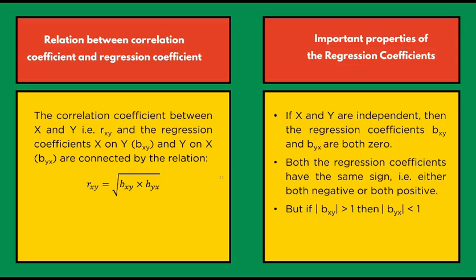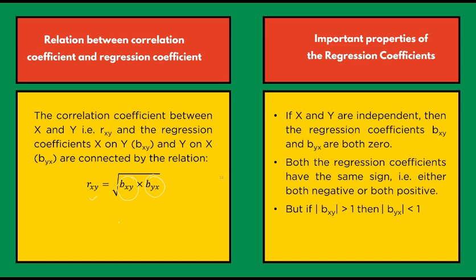Now let us try to understand whether there is a relationship between correlation and a regression coefficient. Yes, there is. If you remember the geometric mean, the geometric mean of the regression coefficients is equal to the correlation coefficient.